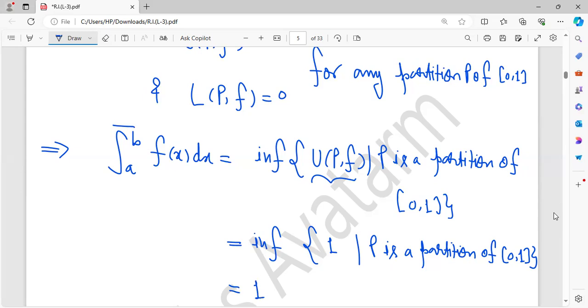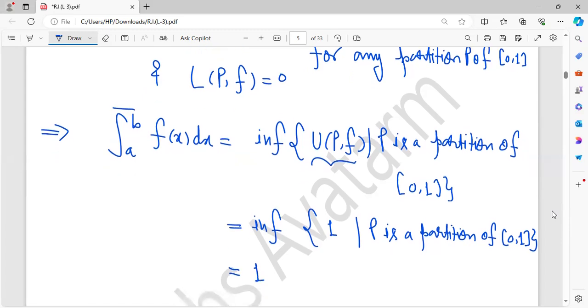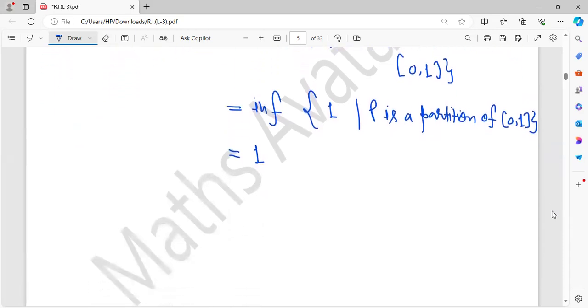The infimum is 1, because the infimum of constant values is equal to that constant. So the upper Riemann integral is 1.